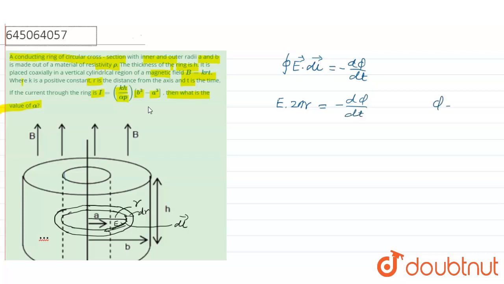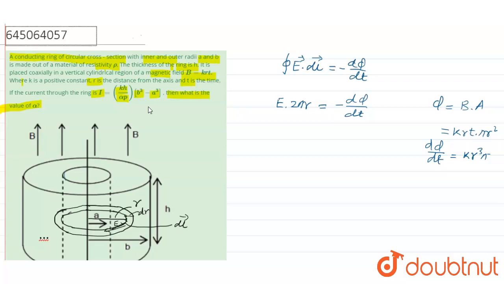Here φ is equal to B into A, that is krt into πr². So dφ/dt will be equal to kr³π.